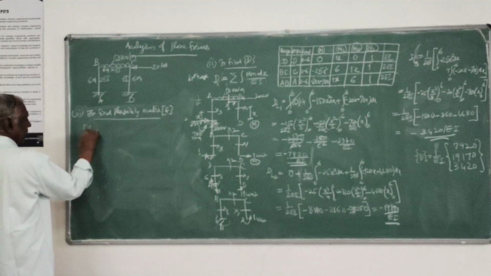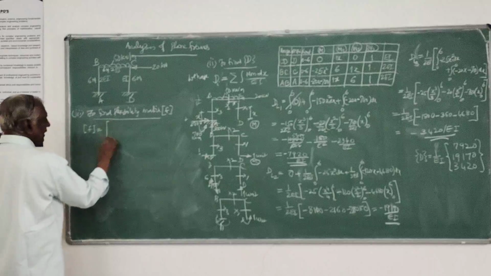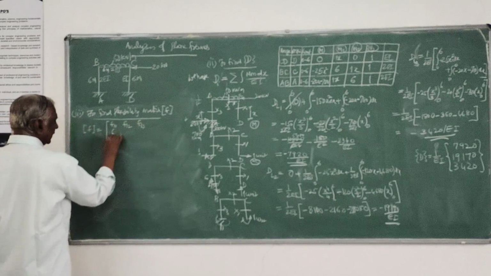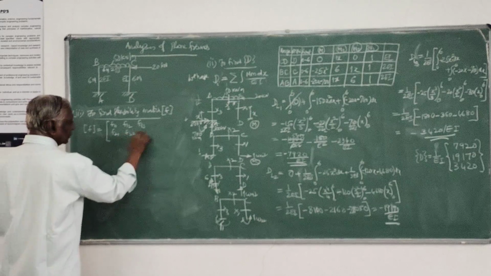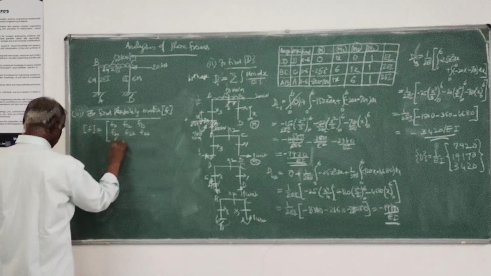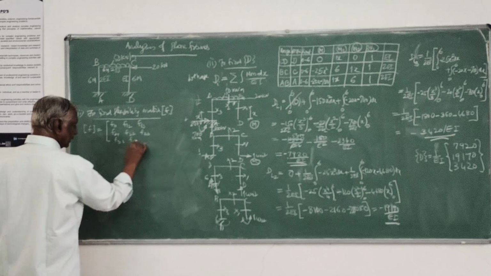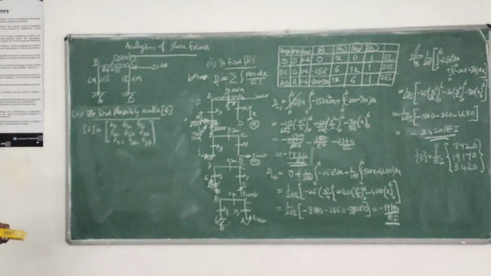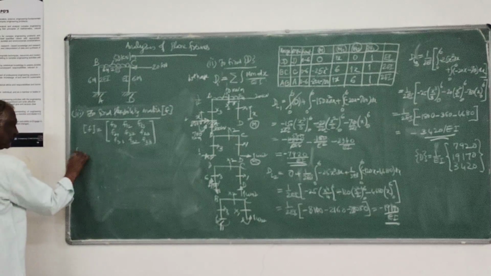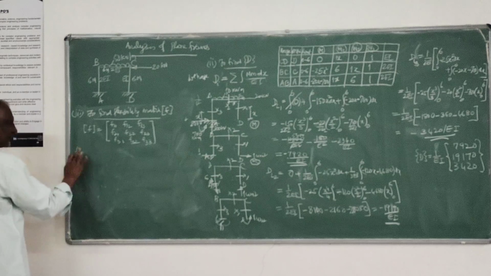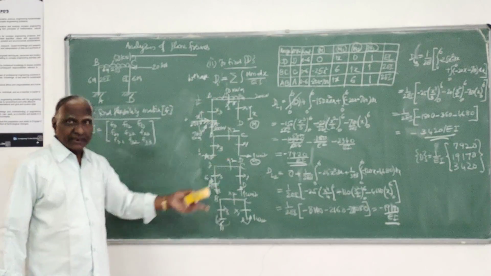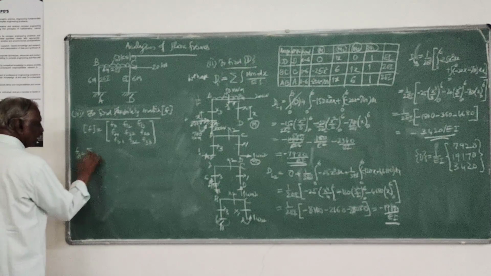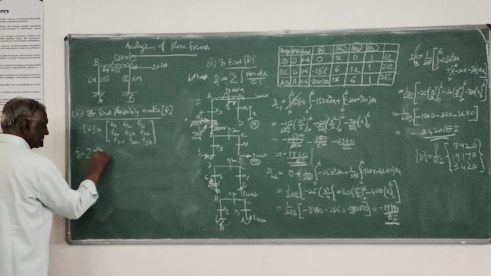You can write it as F11, F12, F13, F21, F22, F23, F31, F32, F33. So totally 9 elements you have to evaluate. Straight away I will give you the formula that Fij is given by sigma of mi mj dx.